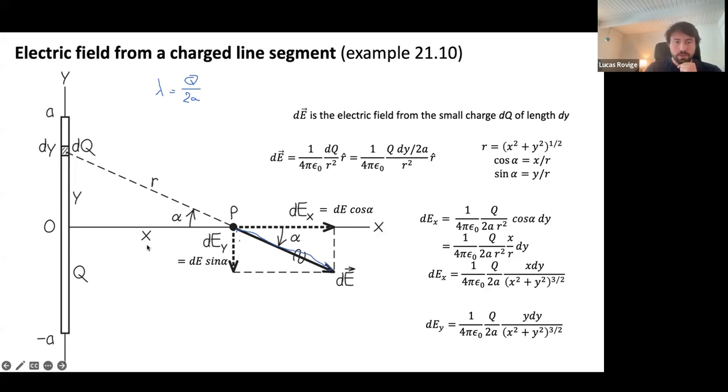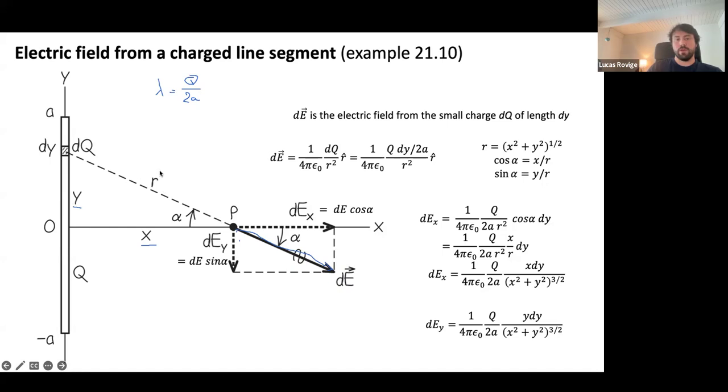And so for the distances, the distance of P from the origin is x. The distance of this element dy is y from the origin.